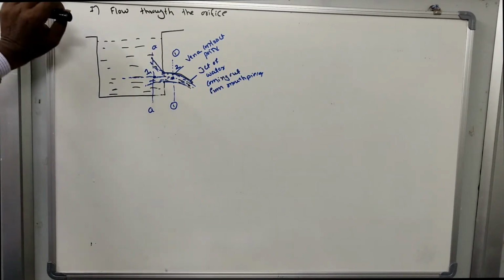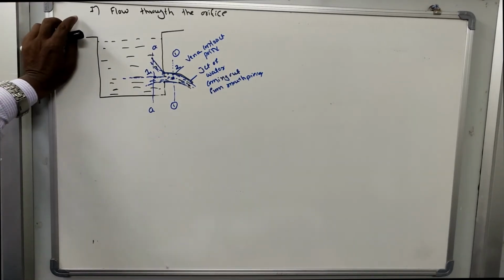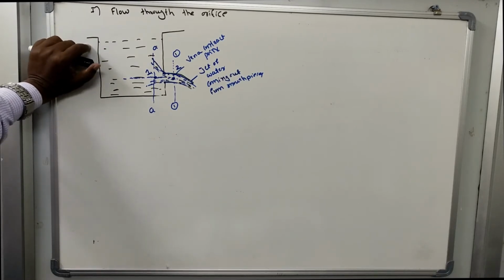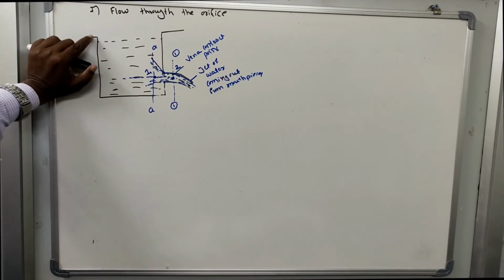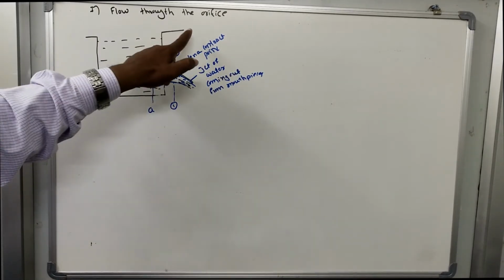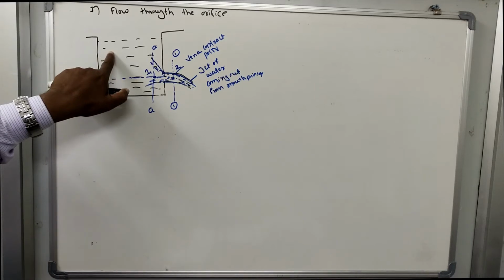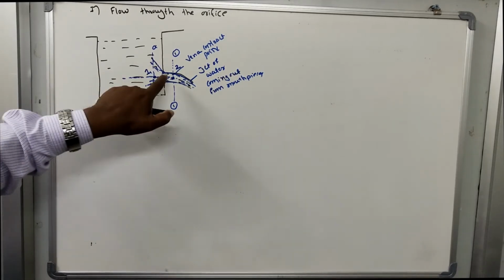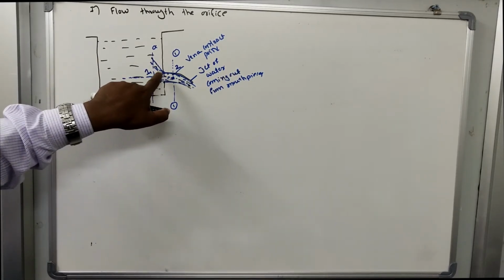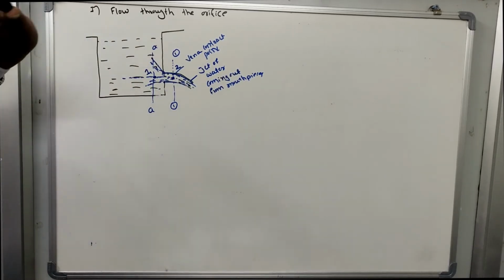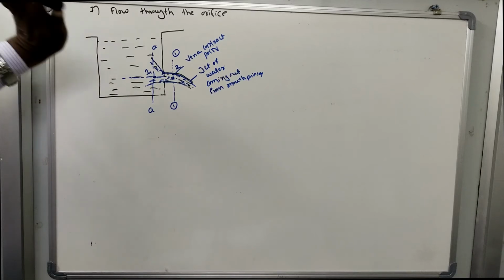Now we will apply the Bernoulli's energy equation for this. So what have we considered here? We have considered a tank filled with water, which is an incompressible fluid, and an orifice fitted at the side of the tank.